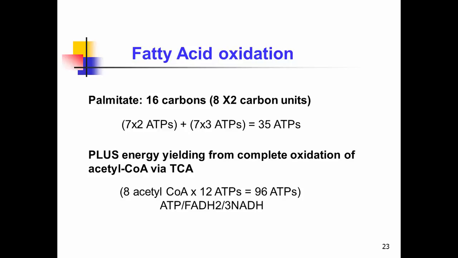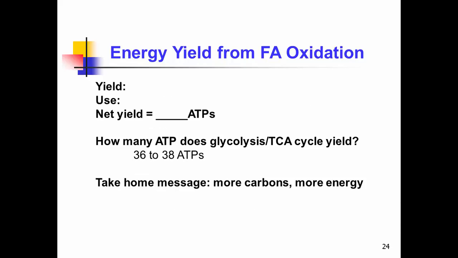So the final numbers will need to be added together, right? So 35 plus 96 ATPs, so 131 ATPs can be produced from oxidizing one palmitate.